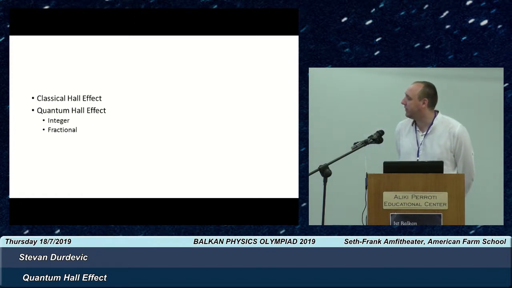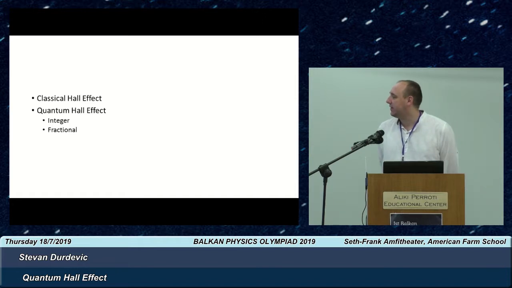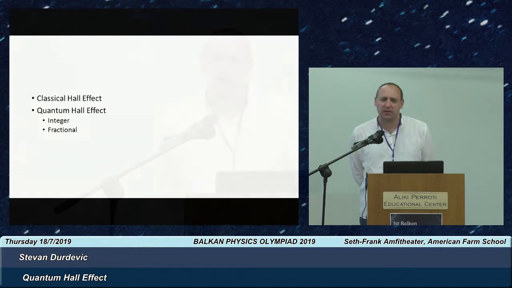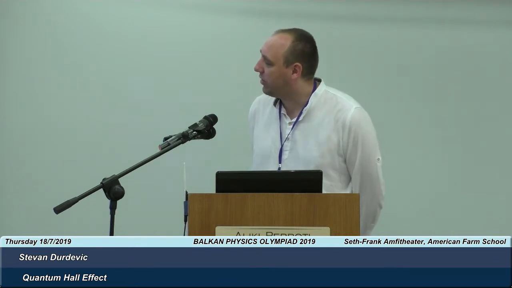The classical Hall effect was the first discovered, in classical dynamical systems, and then in the 1980s, in the 20th century, we discovered the quantum Hall effect, and we saw that two kinds of quantum Hall effect exist: integer quantum Hall effect and fractional one.